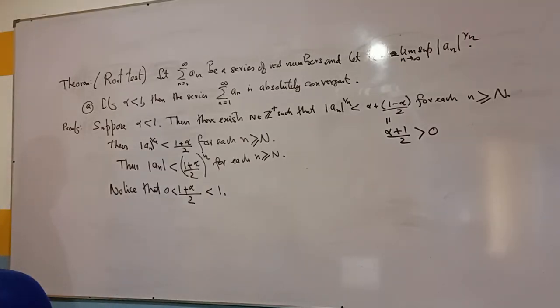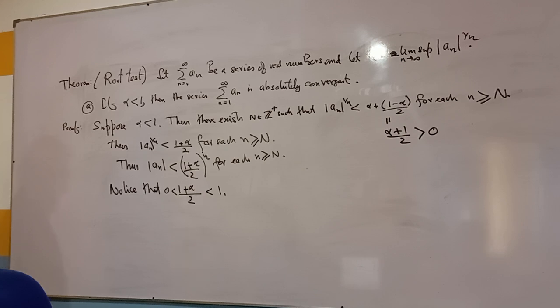|a_n| is less than or equal to ((1 plus alpha) divided by 2) to the power n. So the right hand side converges to 0. Therefore |a_n| converges. So a_n absolutely converges the sum.